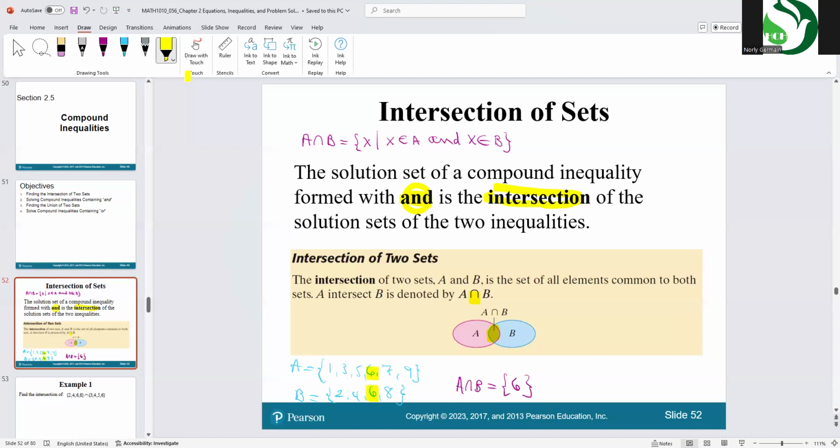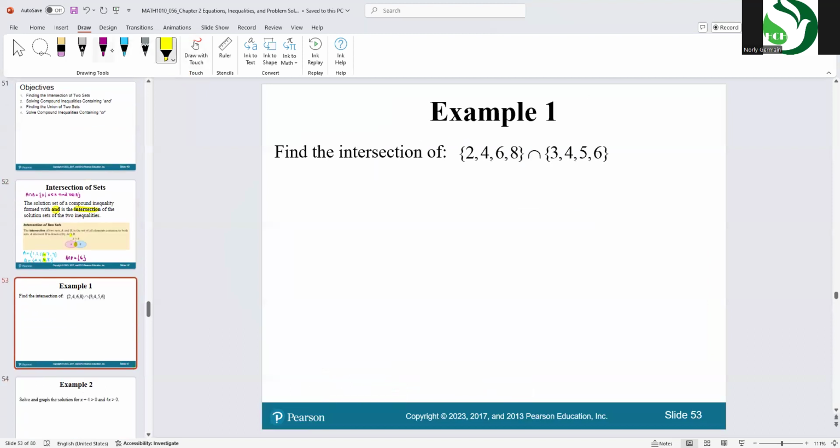Let's see another example. Find the intersection of these two sets. I can give those sets a name: I can call this one A and this set B. So A intersect B, what elements do you see common to both sets? 2 is not in both. 4 is in both sets. 6 is in both sets. 8 is not, 5 is not.